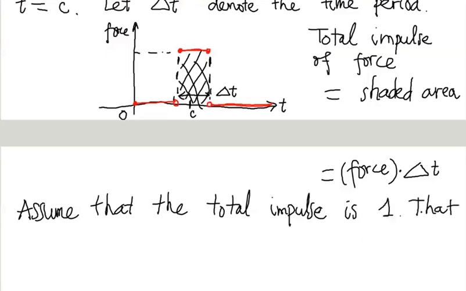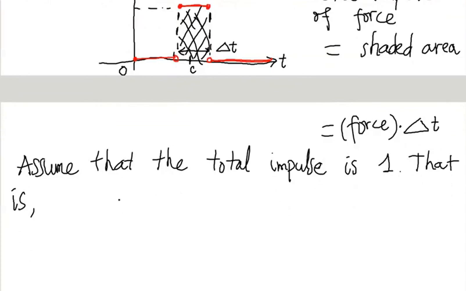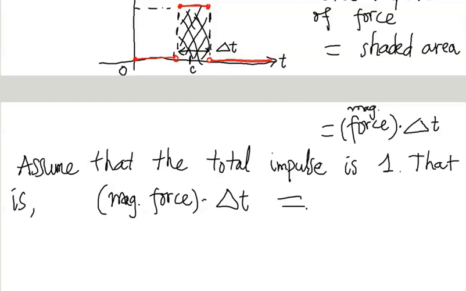That is, the area of this rectangle is 1, or equivalently, the magnitude of the force times delta t equals 1.